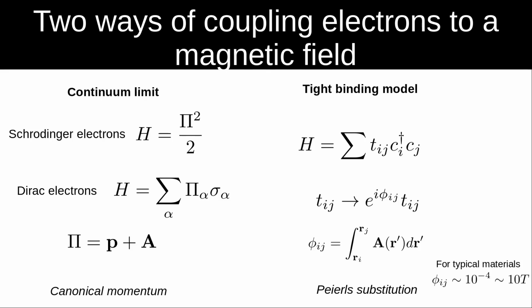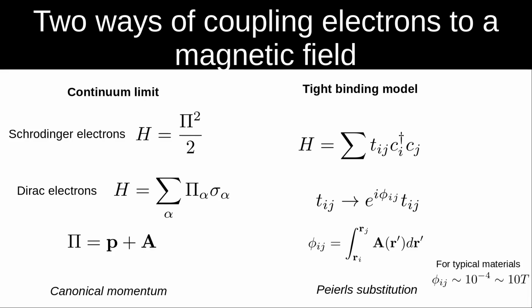Okay, wonderful. So we have two different ways of including a magnetic field. We have this canonical replacement, where we take the original momentum and replace it by P plus A. As we mentioned before, this is especially useful when working in a continuum limit. And this actually means that we are taking Schrodinger electrons or Dirac electrons, and we will try to solve the Schrodinger equation, just the differential equation of the electrons.